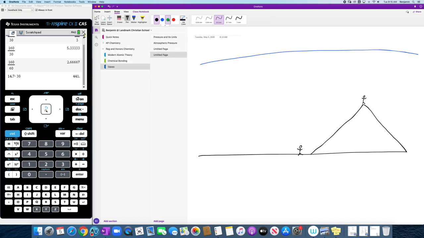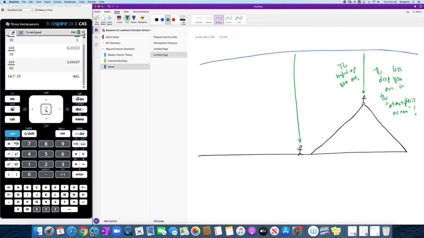And that's literally because the higher up you are, the less atmosphere there is above you. The higher up you are, the less deep you are in the atmospheric ocean. That's just what I call it, because that's exactly what it's like.